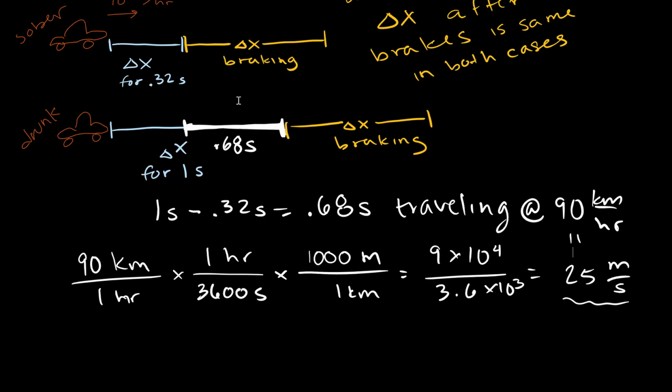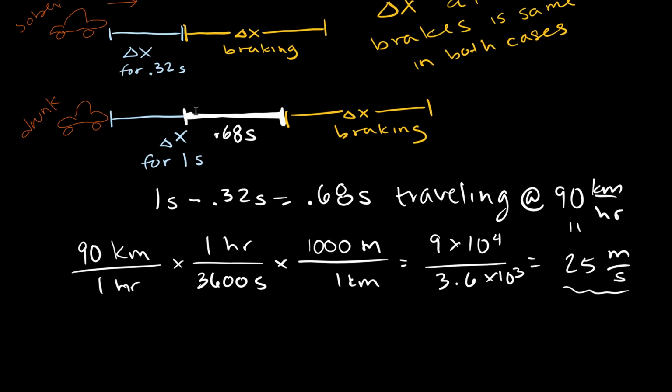We wanted meters per second because the car is likely going to travel meters, and because the time that we know is in seconds.